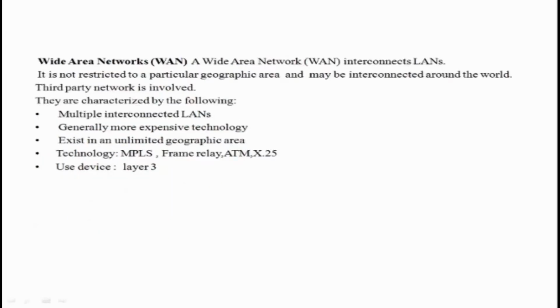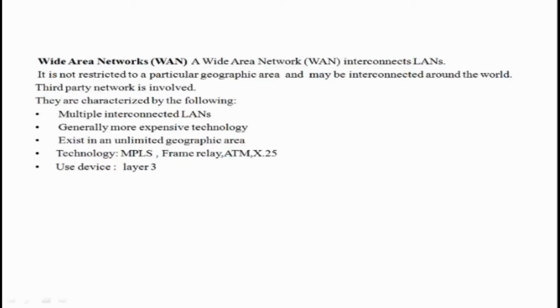The other type of network is the wide area network. A wide area network is not restricted to a particular geographical area, and it may be interconnected to different types of LAN and MAN.